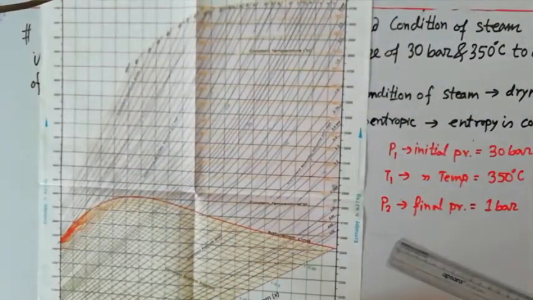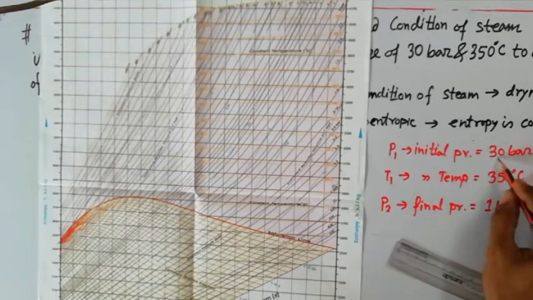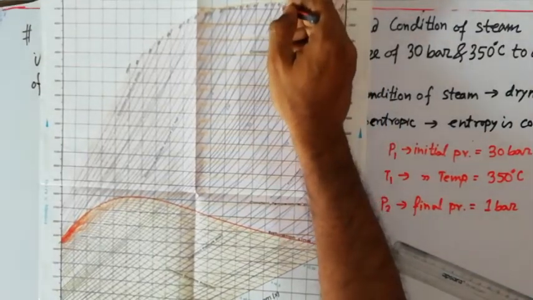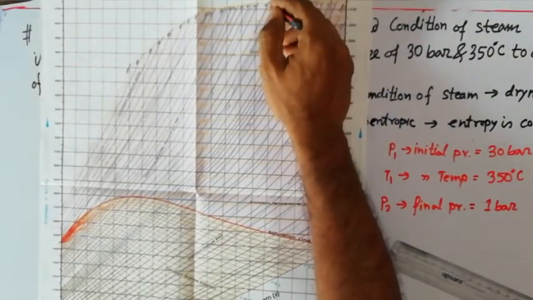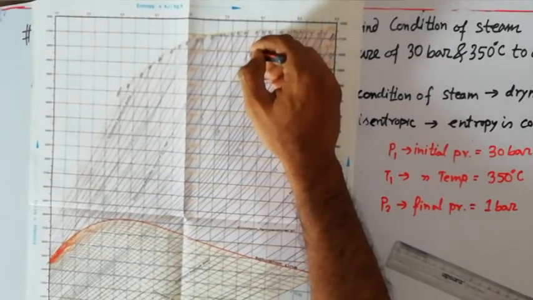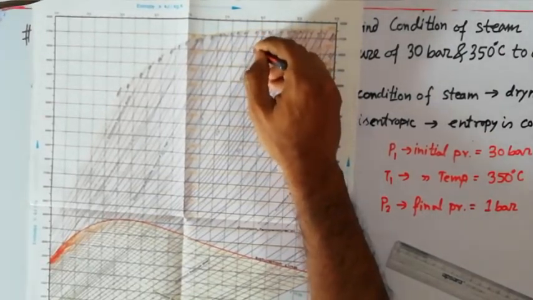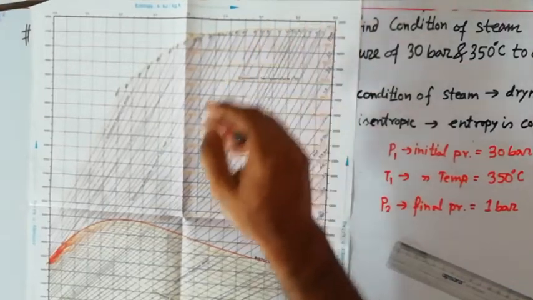Just find the 30 bar pressure line from there. If you see 20, 25, 30, that is the 30 bar pressure line, because 30 is written over there.